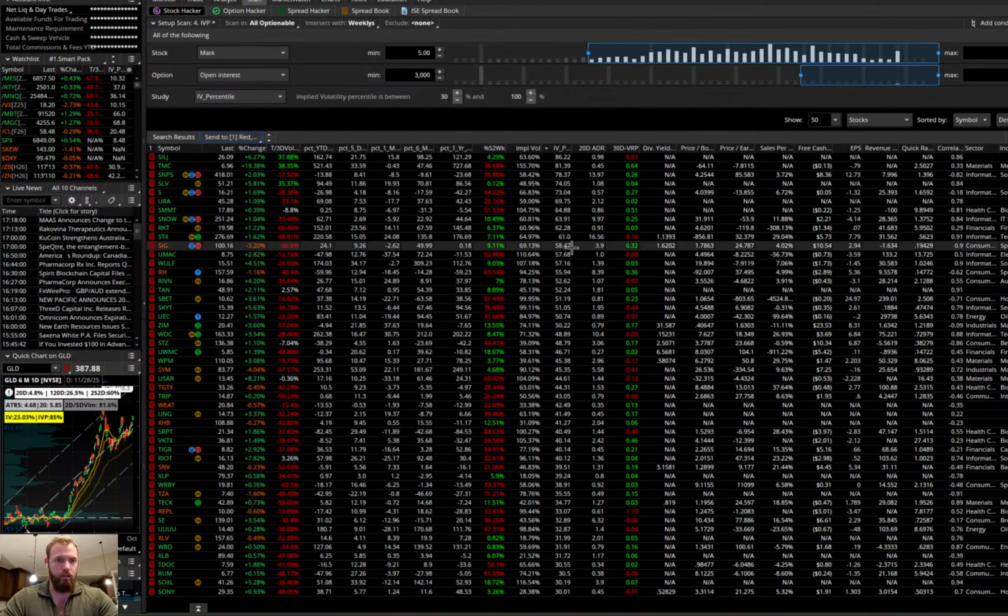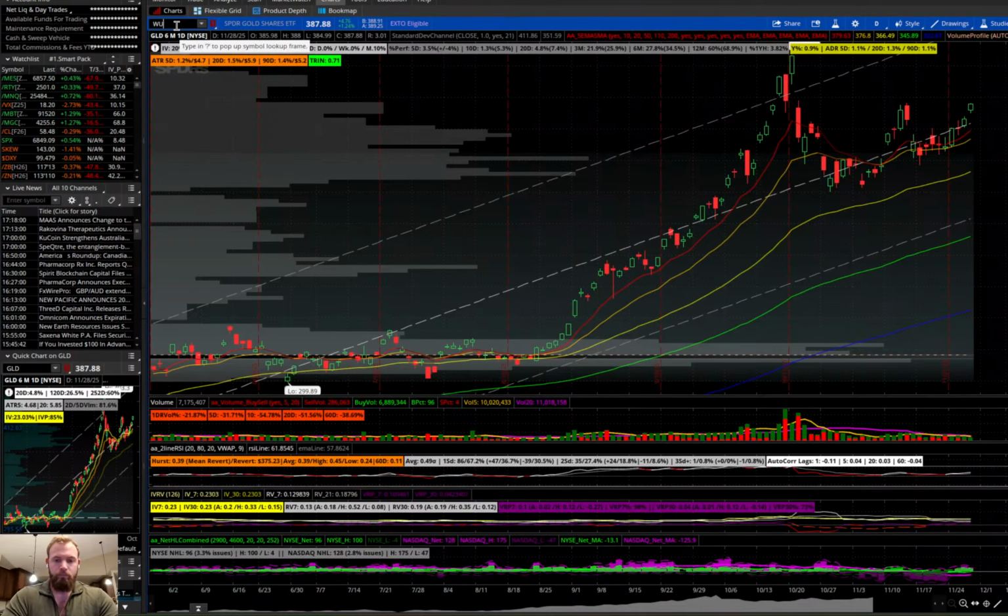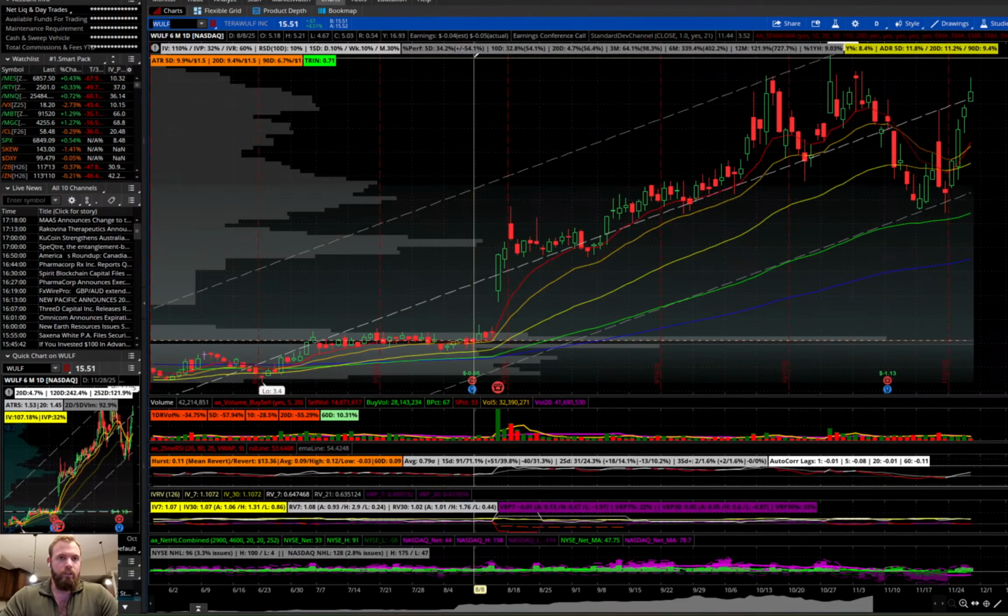Let's just take a quick look at an example so that you understand what I'm saying. So we have WULF. So let's go to WULF. If we look in here, you can see that the implied volatility percentile is actually 32%, whereas the implied volatility rank is all the way up at 60.